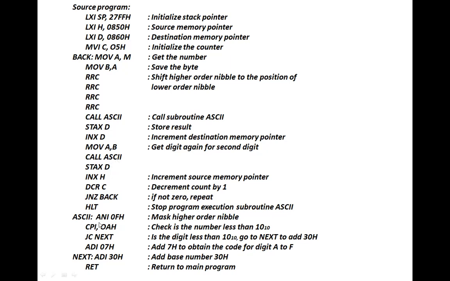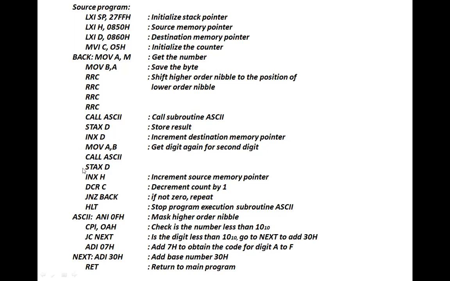Whenever this is called, it again masks the higher order nibble so that we have only the lower order nibble. Only the lower order nibble will be checked, whether it is less than 9 or not. If it is less than 9, we add 30. But if it is more than 9, we add 7, and then we add 30, and it will return.